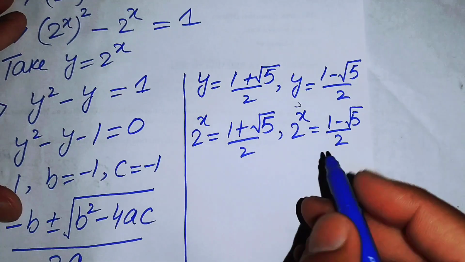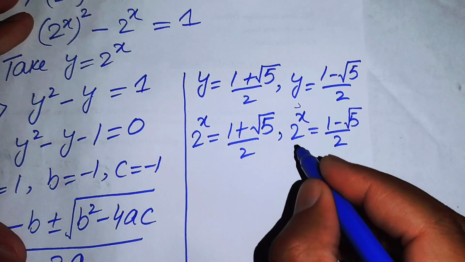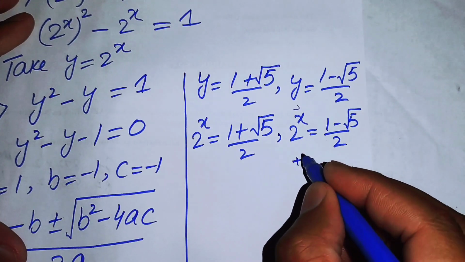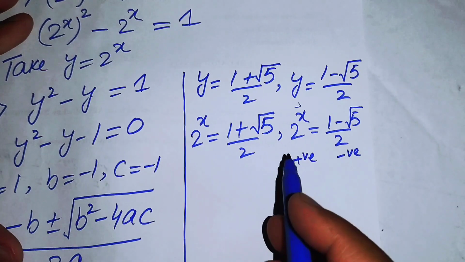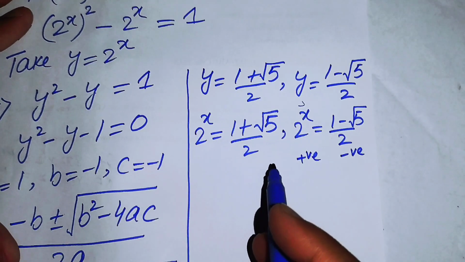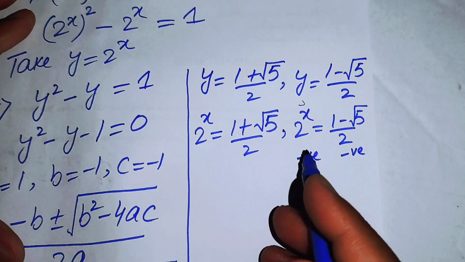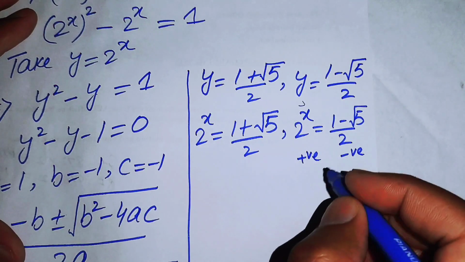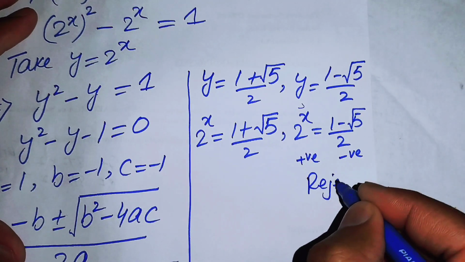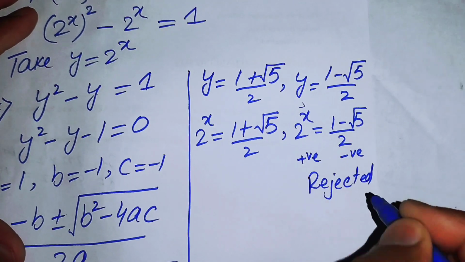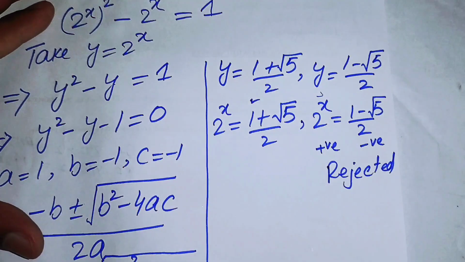Here you can focus on both of the sides. This is an exponential function and it is always positive, and this value gives a negative answer. An exponential function can never be negative, so this expression is not possible, so we will reject this case, and we just proceed with this case only.